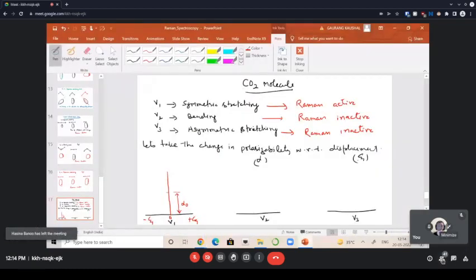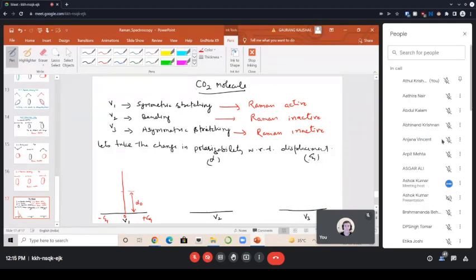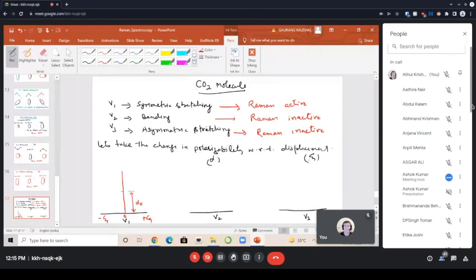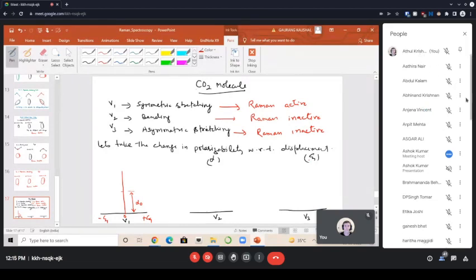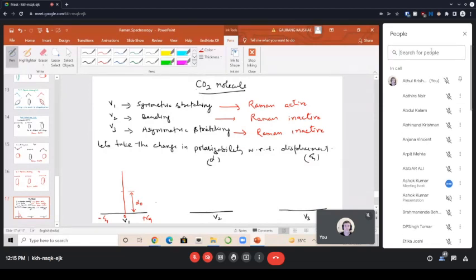What is this displacement coordinate? You are just changing the bonds. In the symmetric stretching, you are just stretching or contracting the bond length, so zeta gives that coordinate. On the y-axis we have polarizability, alpha.